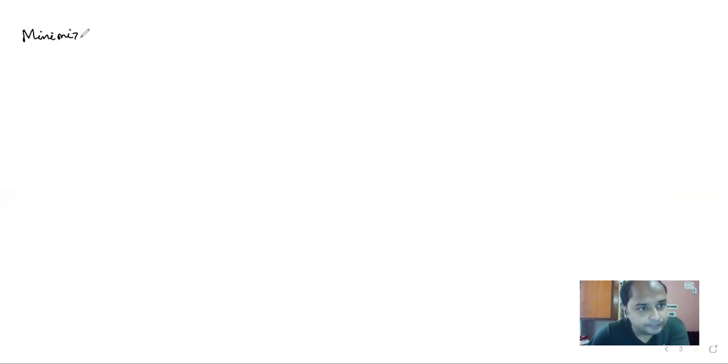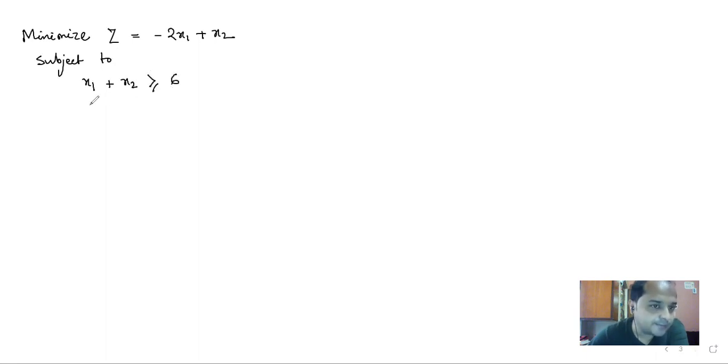Minimize z equals minus 2x1 plus x2, subject to x1 plus x2 greater than or equal to 6, 3x1 plus 2x2 greater than or equal to 16, x2 less than or equal to 9, and x1, x2 greater than or equal to 0.